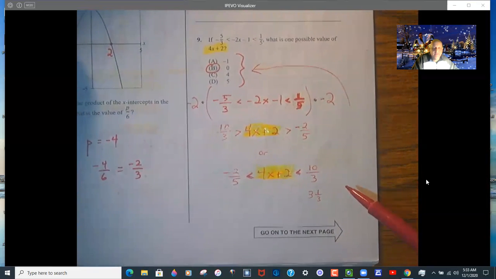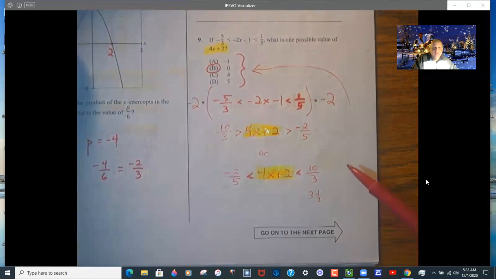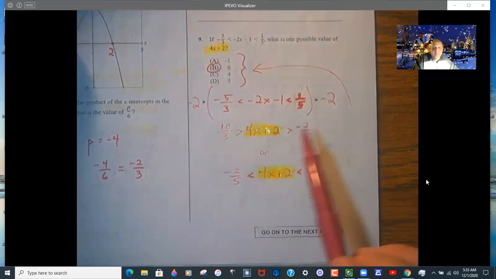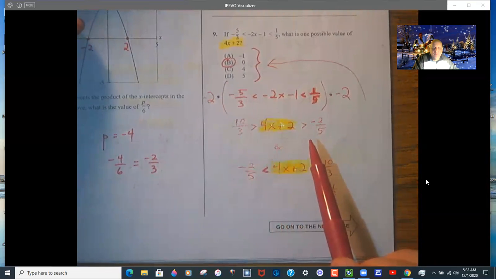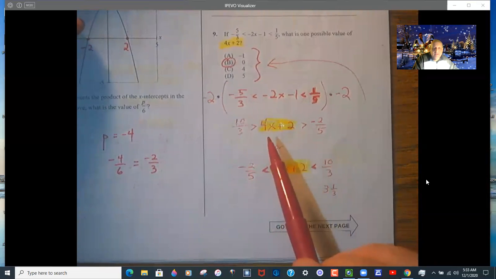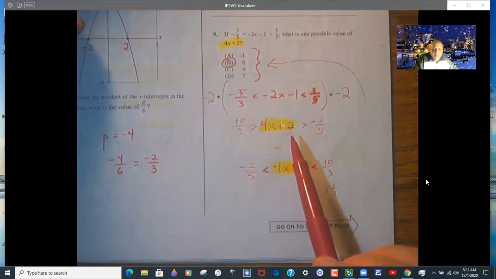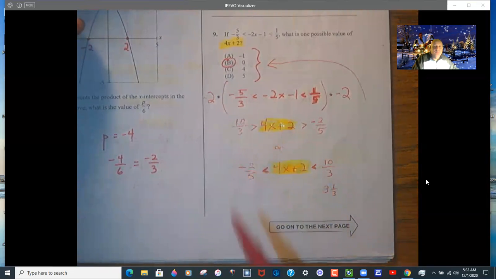How is that done? This is a hard problem. You need to multiply left to right by -2, and in doing that, it's going to switch the inequalities around, and then it's going to put a 4x plus 2 in the middle. So there's the rule, when you multiply any inequality by a negative, you have to reverse the inequality.